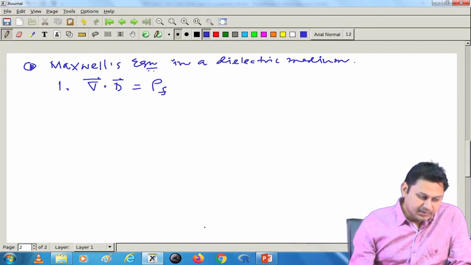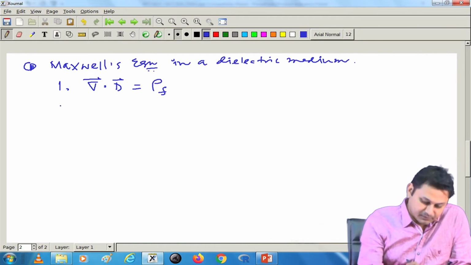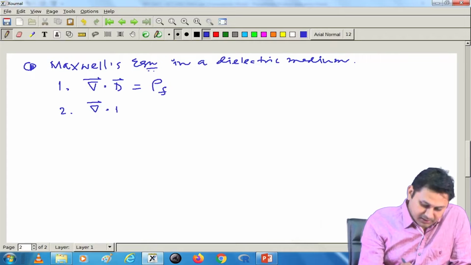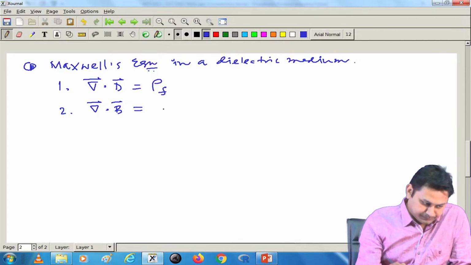grad dot D is equal to rho f. Rho f is the free volume charge density. Grad dot B is equal to 0.